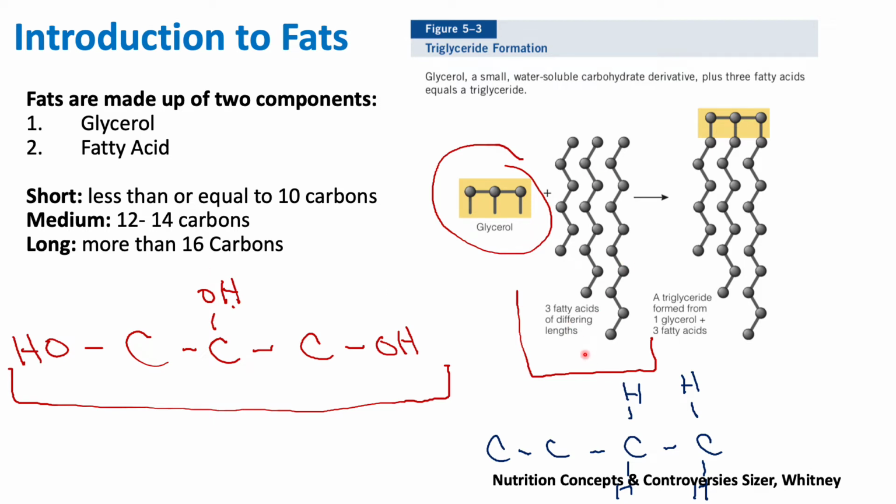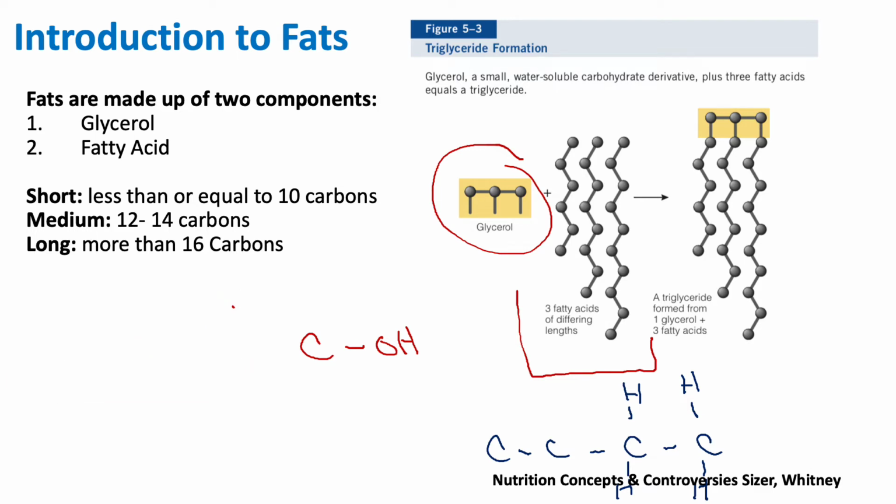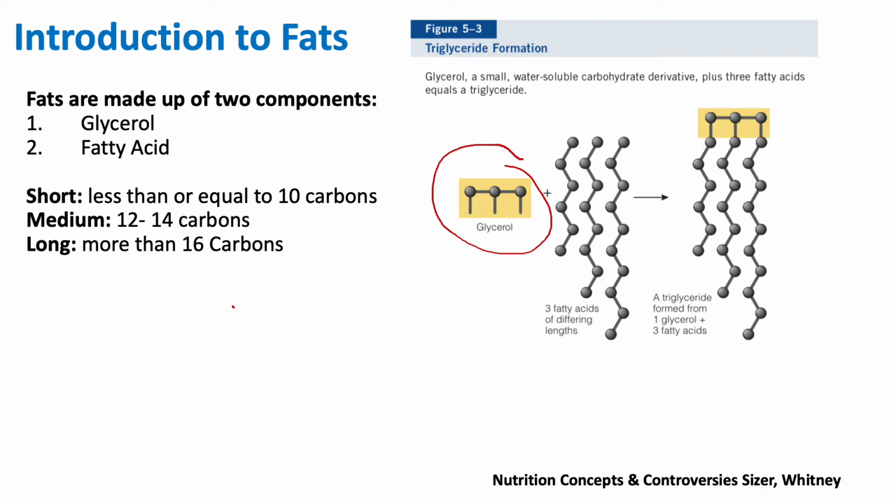Now, fats are a very important macromolecule as they are used for insulation within our body, and they are used by the body to produce energy. So when the body is low on its carbohydrate storage, fats will be used as an alternative way to produce energy in the body.